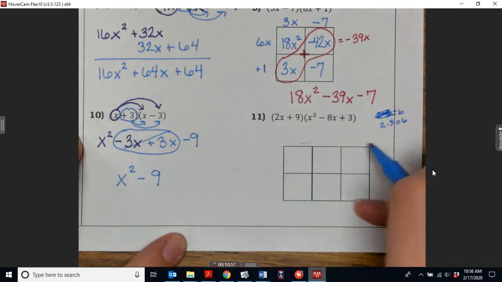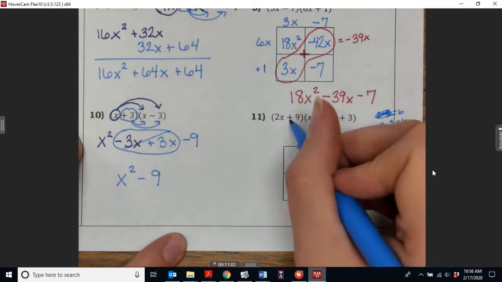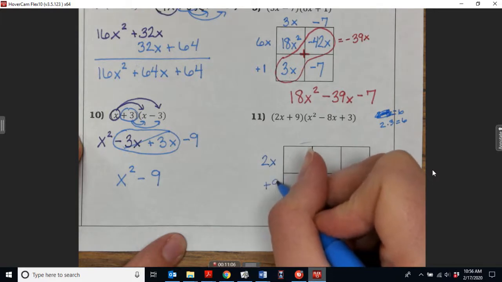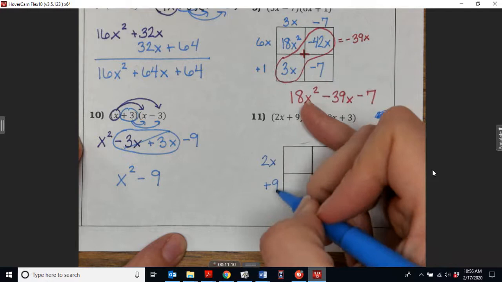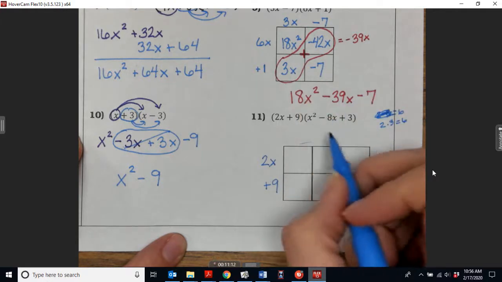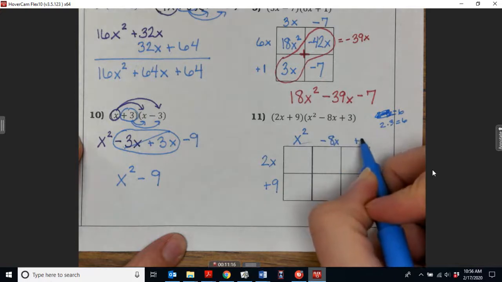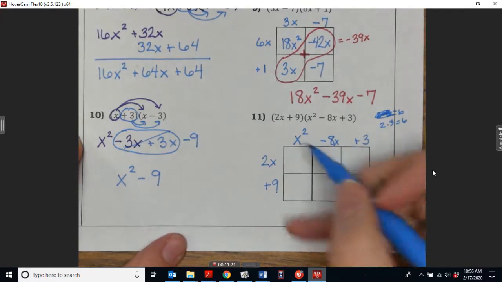I lined them up horizontally, so my first parenthesis only has 2 terms, so it's going to actually have to go on the side this time, which doesn't matter, as long as you keep your whole set of parentheses together. And then this one's going to go on top, x squared minus 8x plus 3. And we're going to multiply to fill in the box.